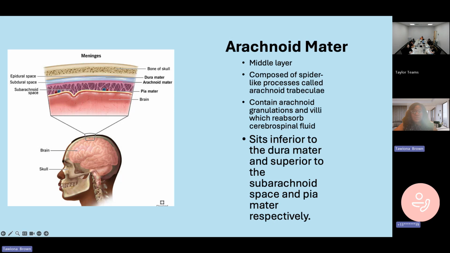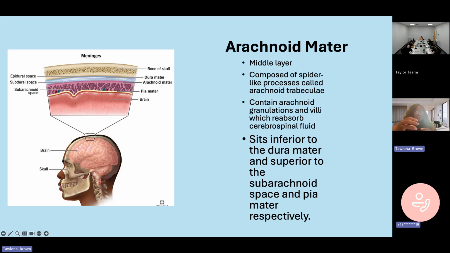And then the next meningeal layer is your arachnoid mater. It's your middle layer. It has those spider-like processes called arachnoid trabeculae. It contains a lot of granulations and villi that are going to reabsorb cerebral spinal fluid.